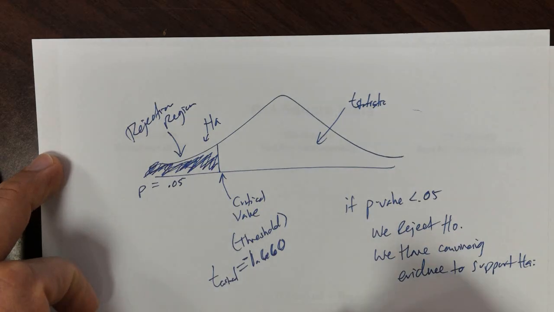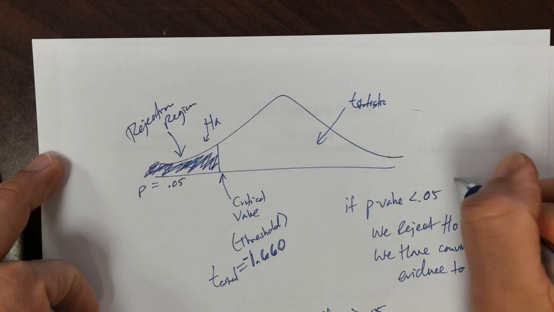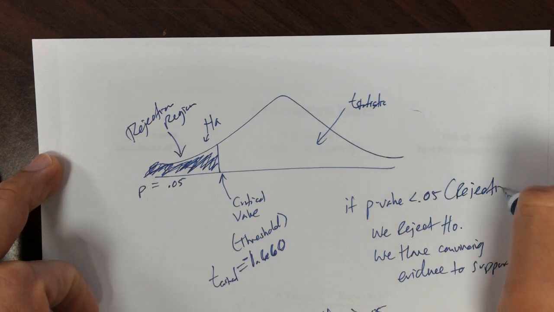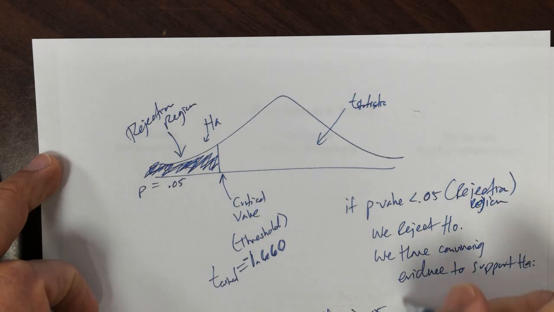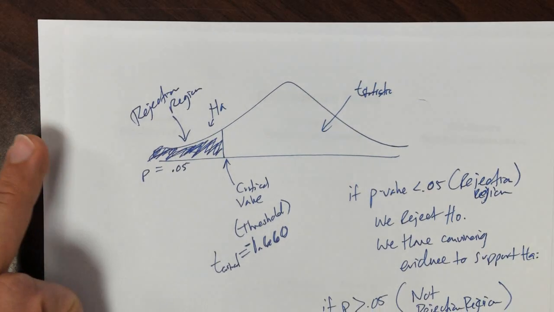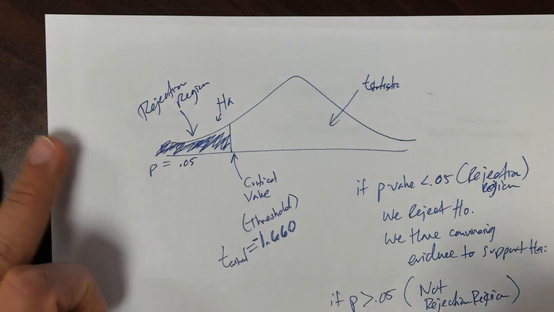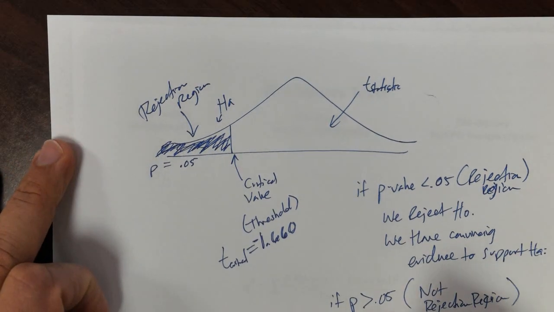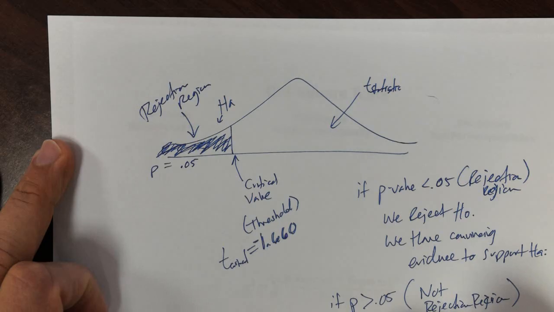Now the p-value is not, right? This is the rejection region. Over here is not the rejection region. If it lands over here, we say we fail to reject the null hypothesis.